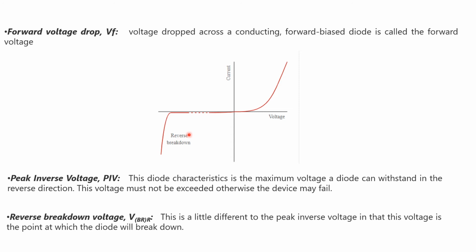But if you go beyond that, it will cause reverse breakdown voltage. There is a very fine gap between peak inverse voltage and reverse breakdown voltage. Up to peak inverse voltage, the diode works as an off switch, and reverse breakdown voltage means the diode has gone into avalanche breakdown. Whatever the rating of backward or leakage current it has, if you cross that, it will break completely.